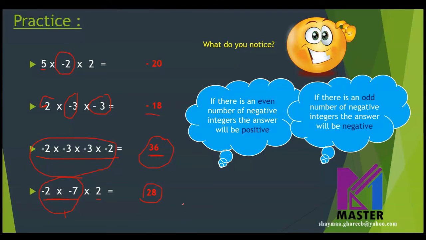If I have an odd number of negative integers in the sentence, the answer will always be a negative number. Same as the first two examples. In the first example, I have 1 negative number. In the second example, I have 3 negative numbers. So if I have 1 negative number, or 3, or 5, or 7, or 9 negative numbers in the sentence, the answer will be a negative number. Is this clear?